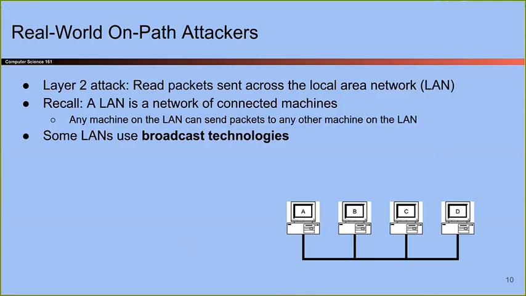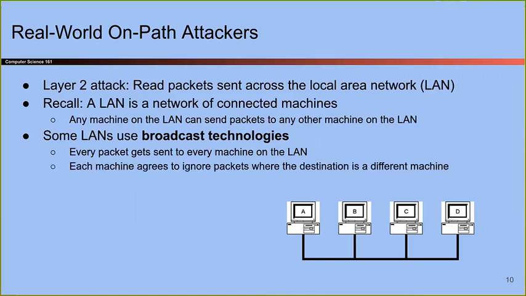Broadcast means every packet gets sent to everyone. There's no notion of A sending a message directly to B that nobody else can see. Because everybody is connected with the same wire, everybody can see every message. It's an agreement between every machine that if the message says it's meant for someone else, I'm just going to quietly ignore it.